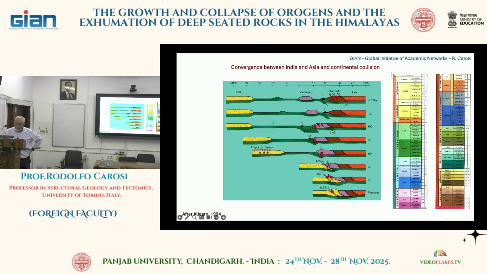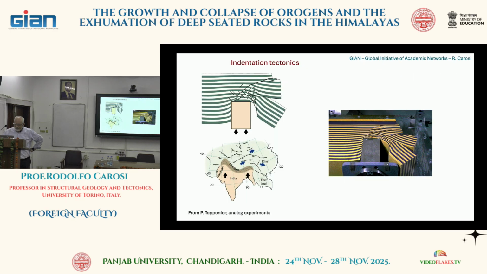Then collision, the development of an Indus-Suture zone, and then the formation of the main thrusts, such as the Main Central Thrust, Main Boundary Thrust, Main Frontal Thrust. It is just not very well constrained because the paper is quite old, but just to have an idea of what happened, it is a nice scheme.